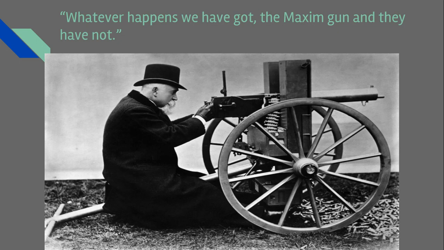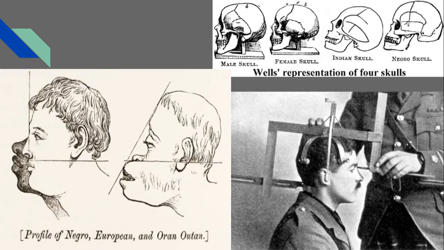Now, repeating rifles like this or repeating large caliber weapons like this were not new. There were things like the Gatling gun, which was hand cranked. But the Maxim is the first fully automated, fully mechanized gun that did not require any human labor to power it. Also, here you have some images regarding the ideas of phrenology, right?